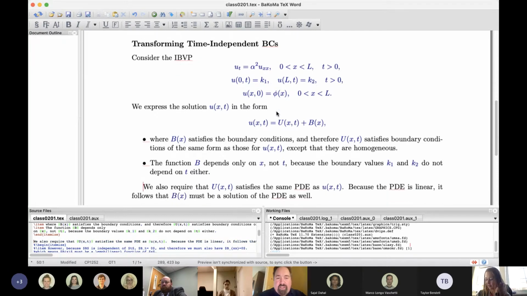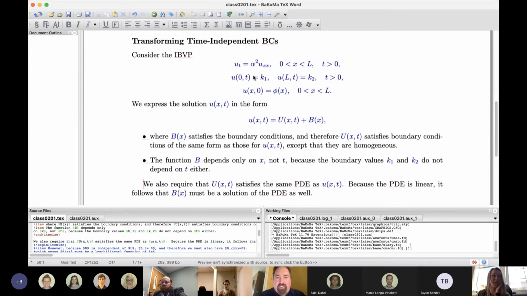Once we do, it'll turn out that capital U will satisfy this same PDE. If little u satisfies this PDE and capital U satisfies this PDE, then the difference of them, which is B, must satisfy it also, because the PDE is linear.